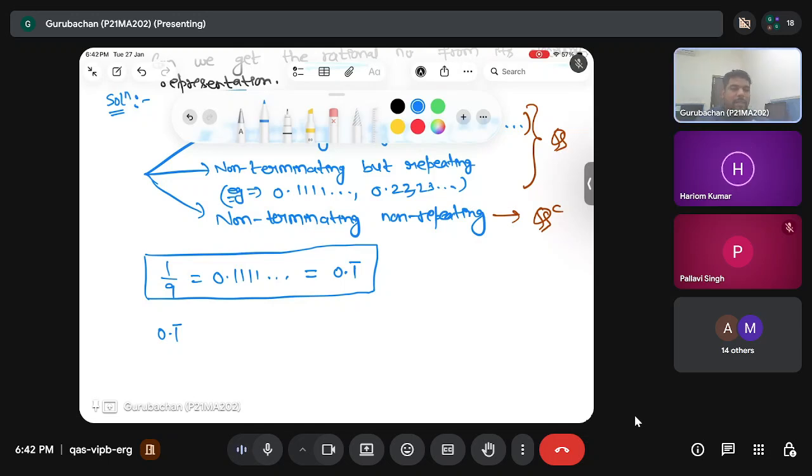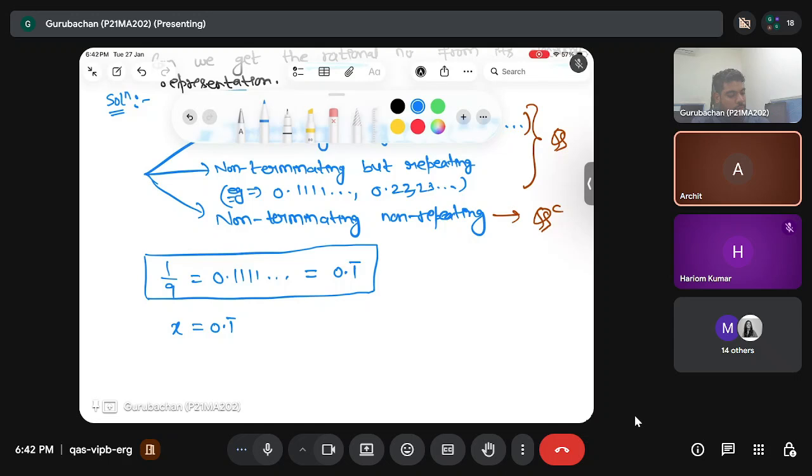You can tell me the approach. Sir, we will take a variable, let's say x equals 0.1 bar, and multiply both sides by 10. Then we'll get 10x equals 1.11111. Then we will subtract the first equation from the second.